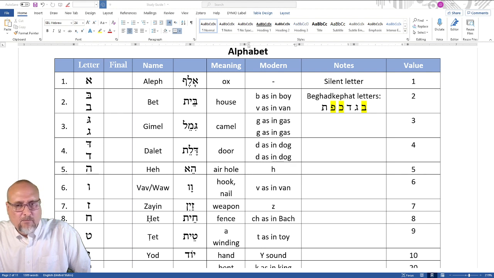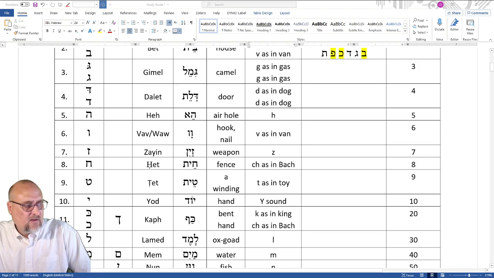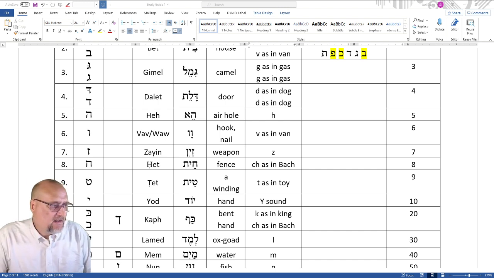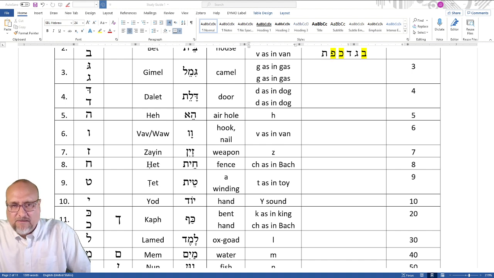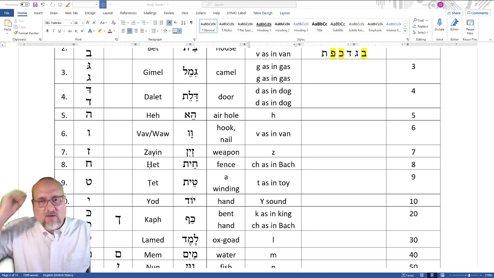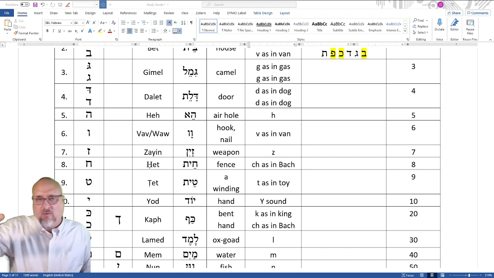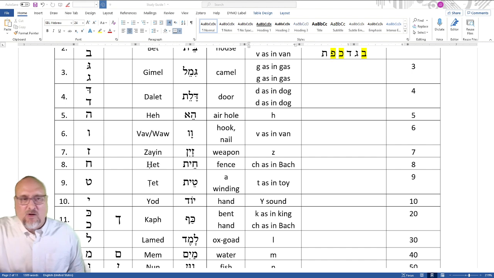Aleph, Beit, Gimel, Dalet, Hey, Vav, Zayin, Het, Tet, Yod. Who can say the first 10 without looking? Just say it. Who wants to try to say it?